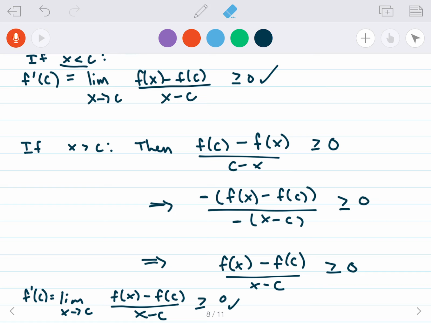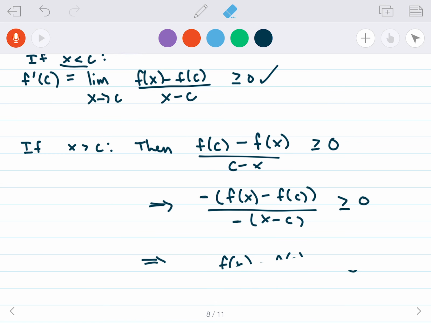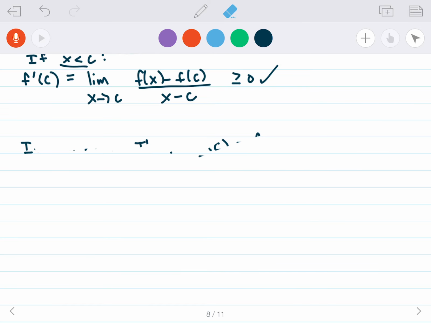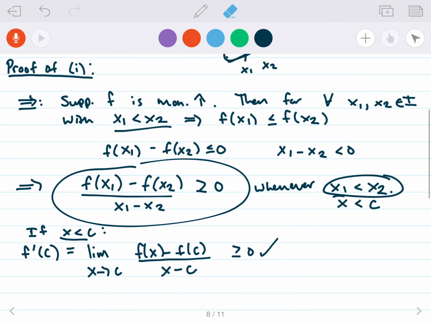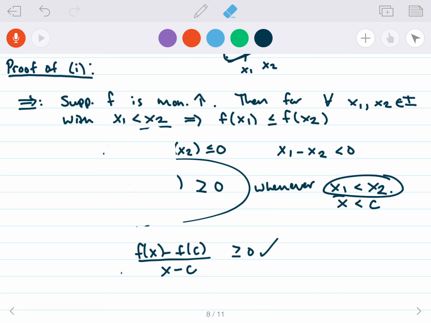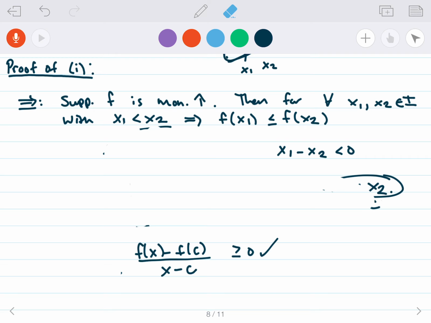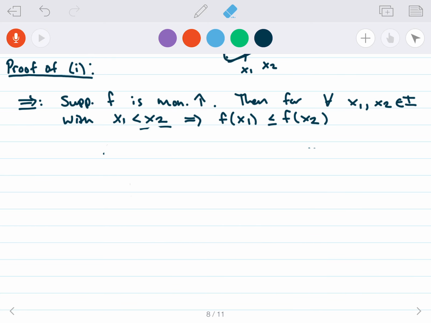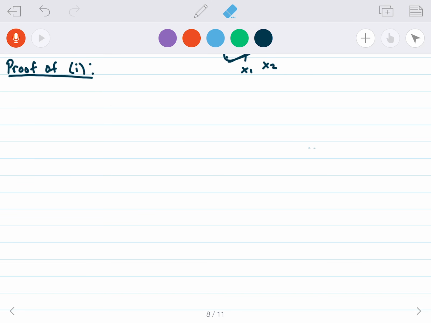Okay, so now we need to go in the backward direction. So I'm going to erase some stuff so that I can make room for our backward direction. Okay, so what are we assuming?